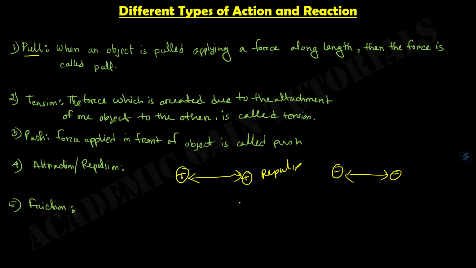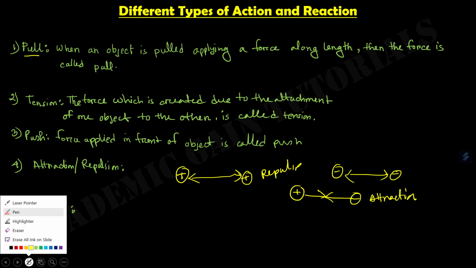But in the case of different poles, a positive charge and a negative charge attract each other. This is known as attraction. So the force created due to attraction or repulsion is known as attraction or repulsion.